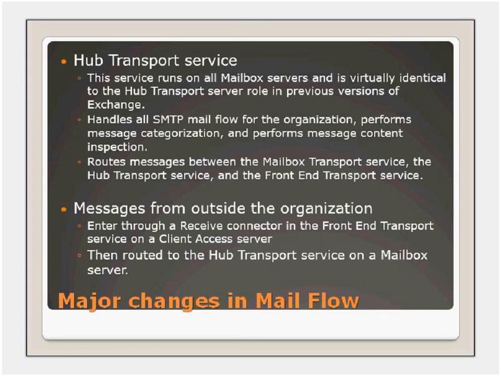Say, for example, the message is coming from outside the organization. We still have something called a receive connector, which was there in the older version, and this receive connector is going to be on the front-end transport service running on the client access server role, and once it is received, it is then routed to the hub transport service that is running on the mailbox server.